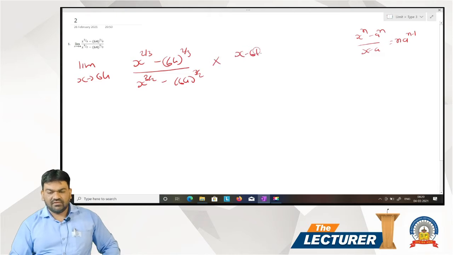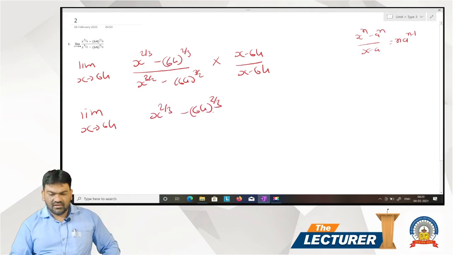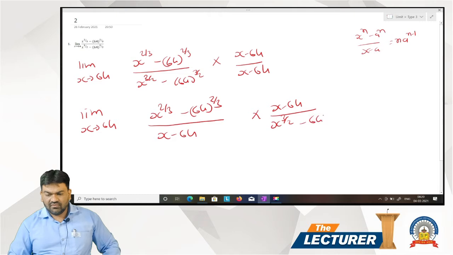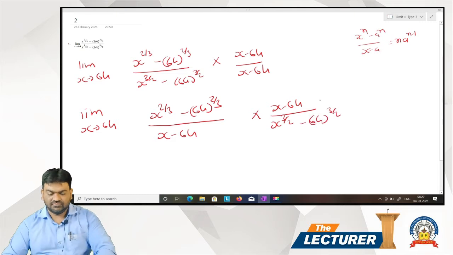So limit x tends to 64 of (x raised to 2 by 3 minus 64 raised to 2 by 3) divided by (x minus 64), multiplied by (x minus 64) upon (x raised to 3 by 2 minus 64 raised to 3 by 2).